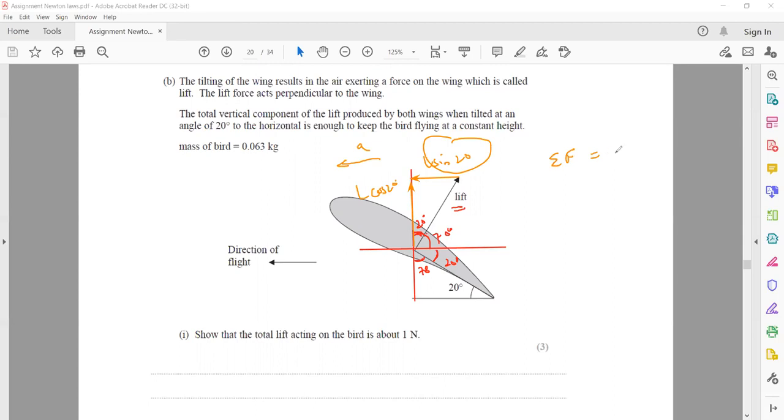So resultant force is equal to ma. So L sine 20 should be equal to ma, and we'll substitute the value and get the answer for its acceleration. Is it clear, this part? Anyone having a doubt?